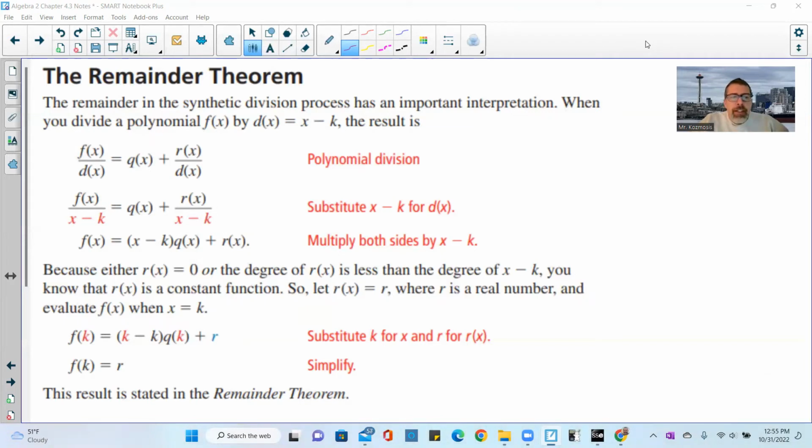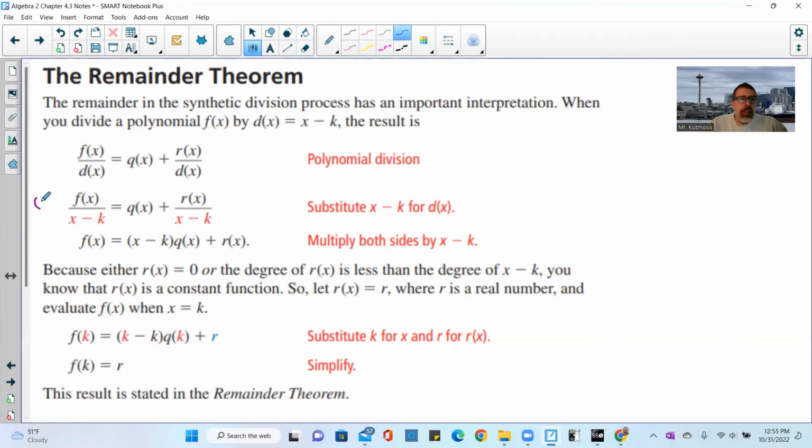So f of x equals x minus k quantity times q of x plus r of x. So all we did there was multiply both sides by x minus k. Let me just show that so you see what happened.